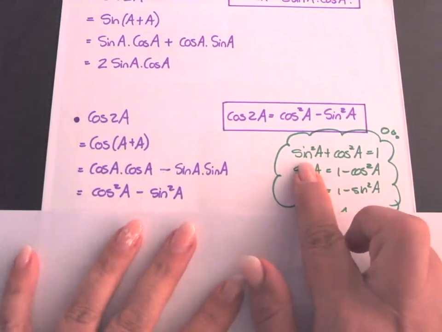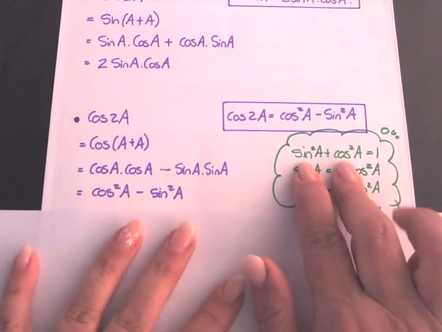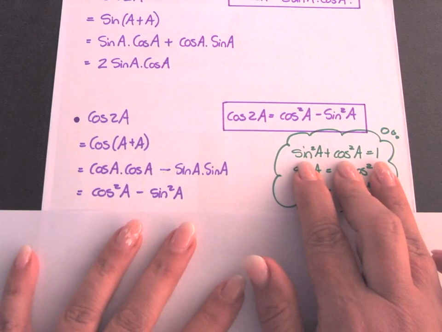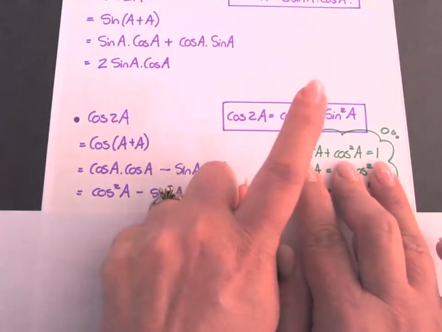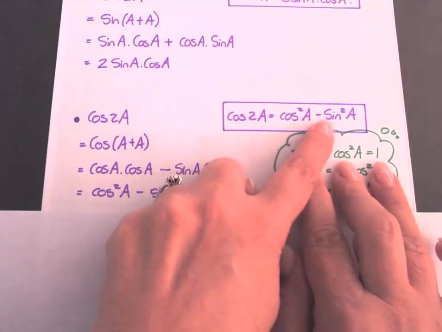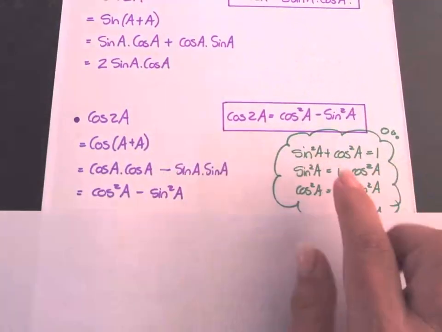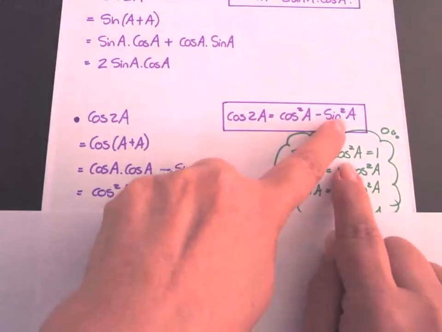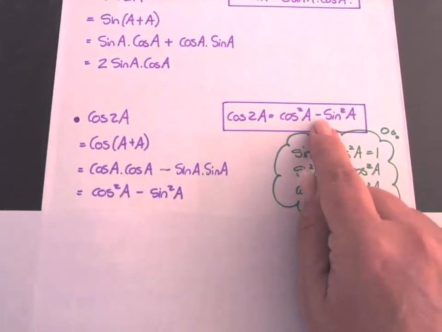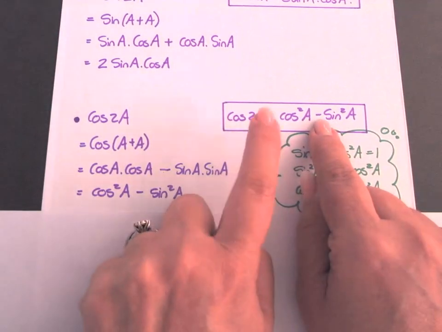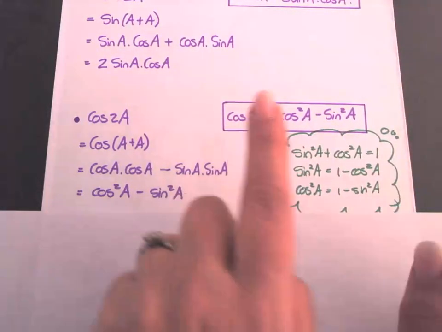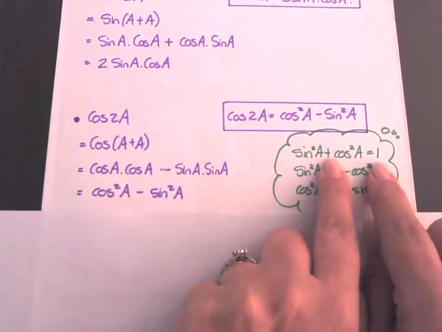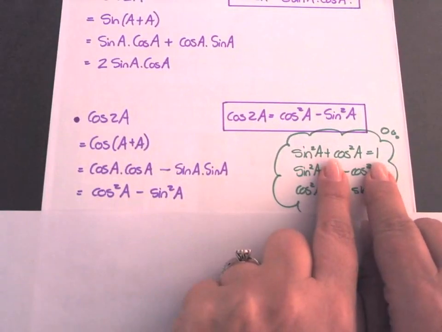Sine squared plus cos squared is 1. This is not the same as cos squared minus sine squared. So if you have a cos squared and a sine squared and there's a minus in the middle, you know it's double angle cos. If there's a plus in the middle, you know it's the identity of grade 11.